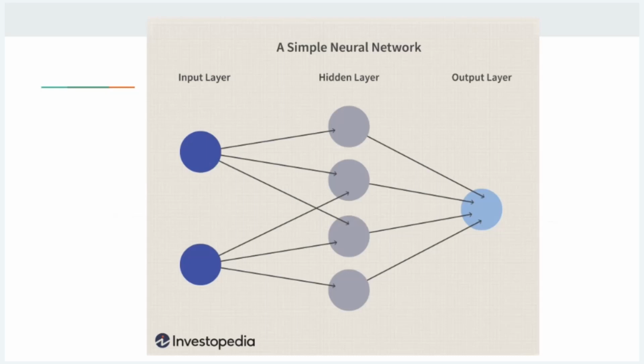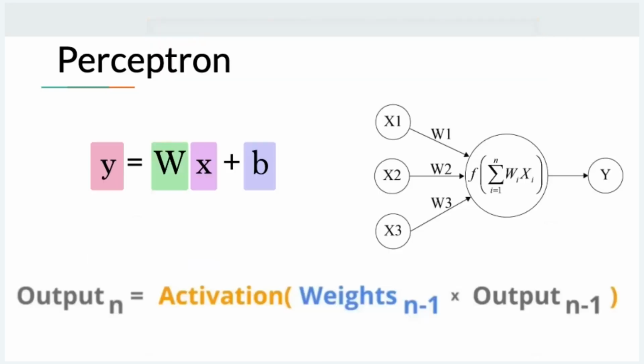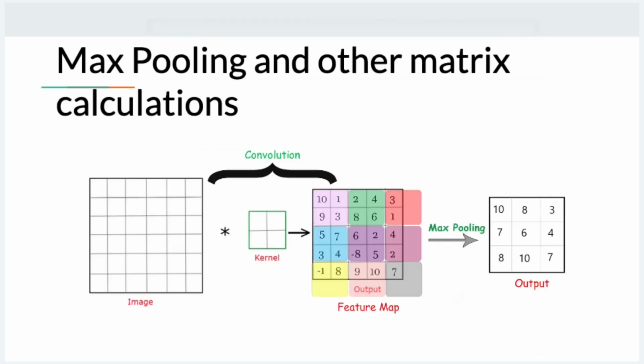So a lot of times you'll see we use a flatten function to convert that image to a 1 cross n matrix and then feed it to this neural network. But internally it's still doing the convolution operations, it's still doing the same thing. So a better way to visualize it would be like this.